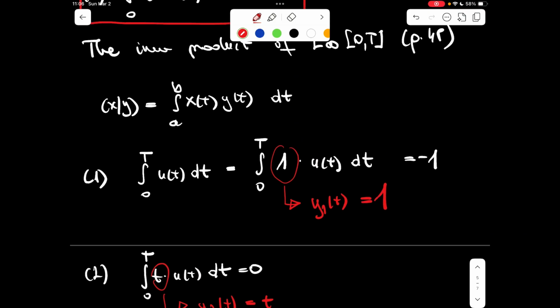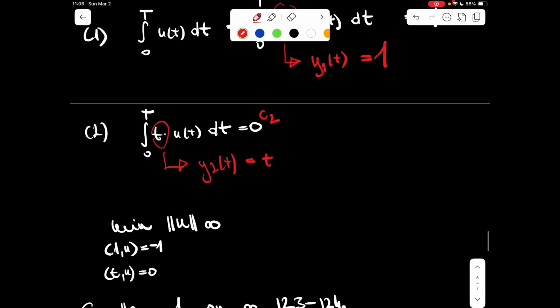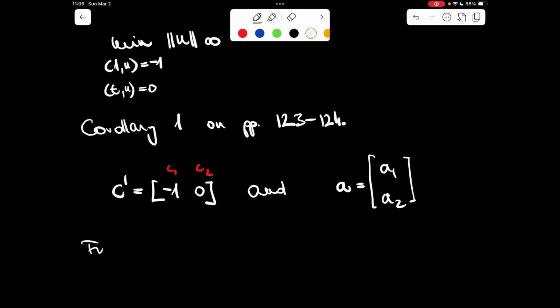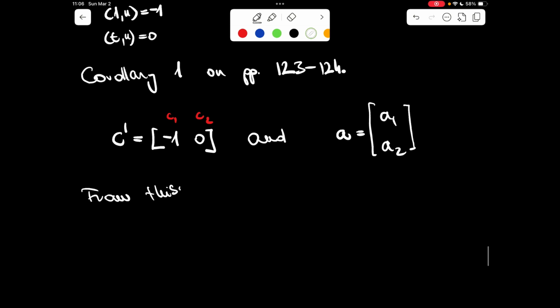So for the sake of good order, this is C1 and this is C2. And A, of course, A1, A2. And from this, C times A is minus A1.